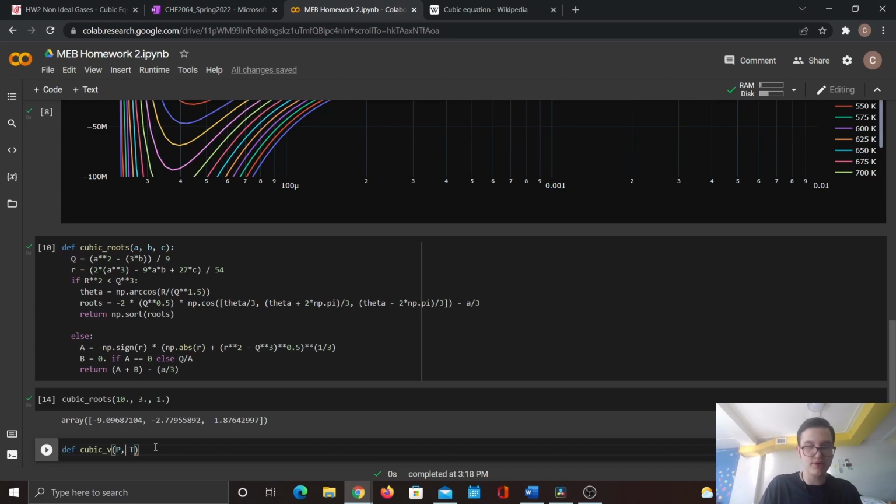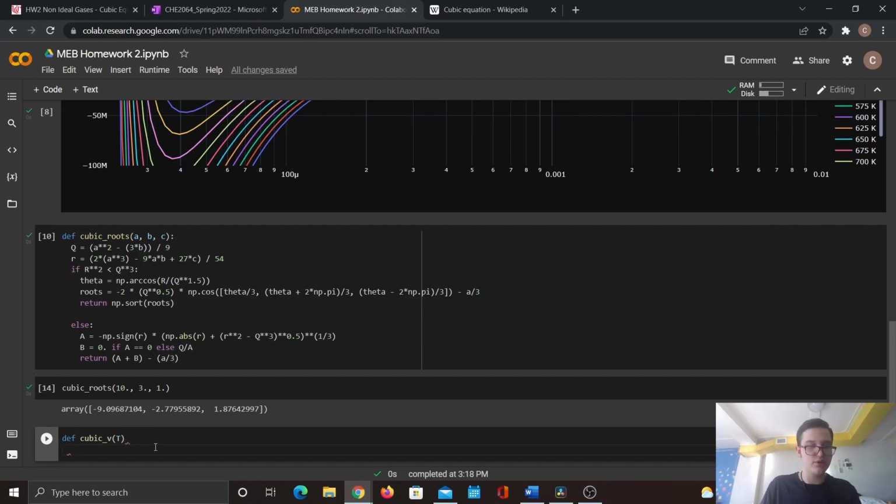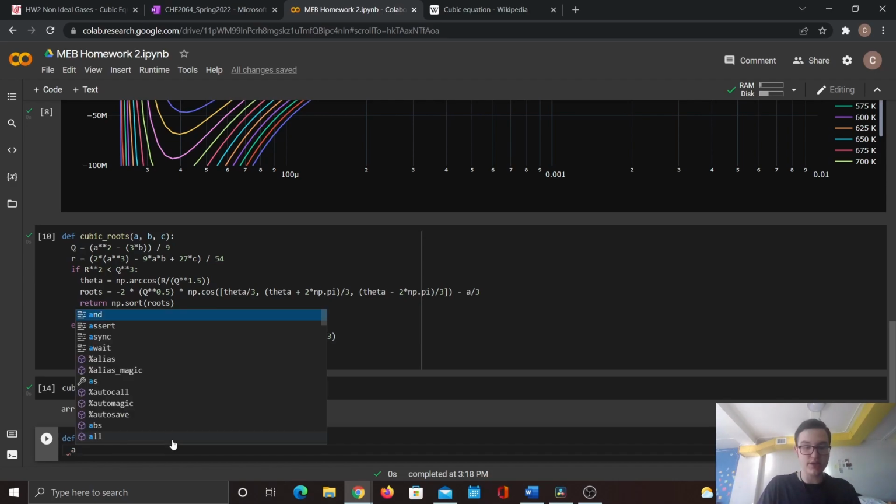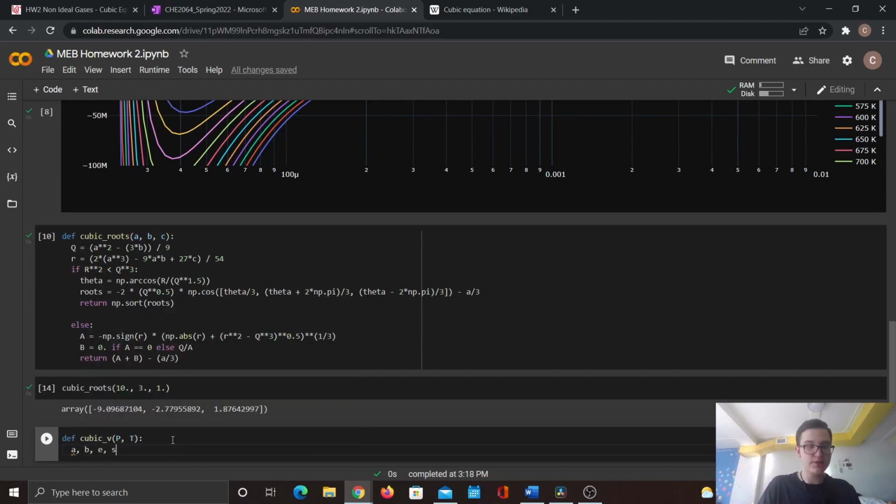Actually, we do need P, we do need pressure. Now we can input, so first thing we need is A, B, E, and S. So we need to unpack that from the cubic function for those values, given value t.